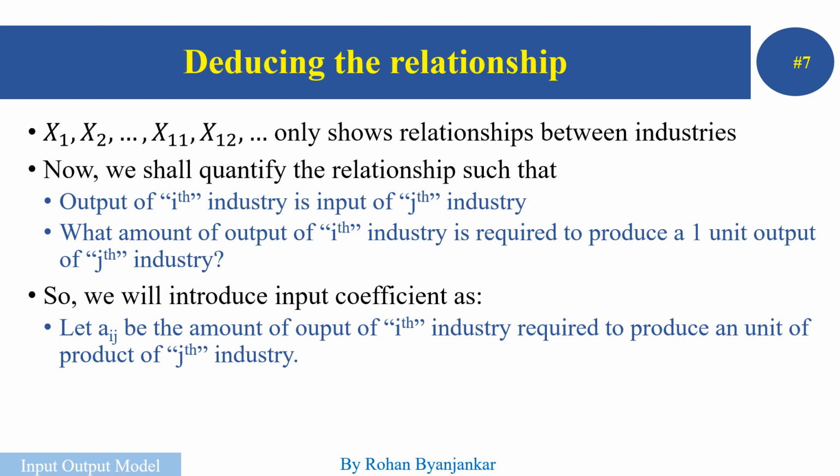So we will introduce the input coefficient: let aij be the amount of output of the ith industry required to produce a unit of product of the jth industry. This is called the input coefficient.